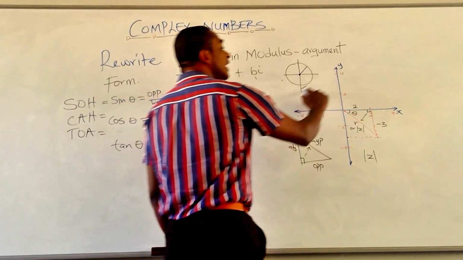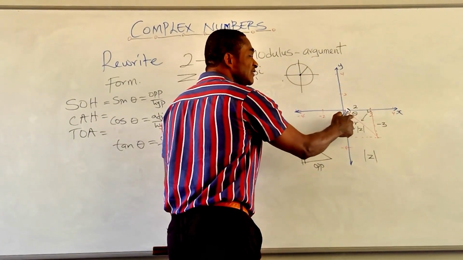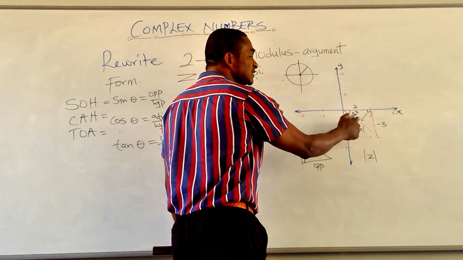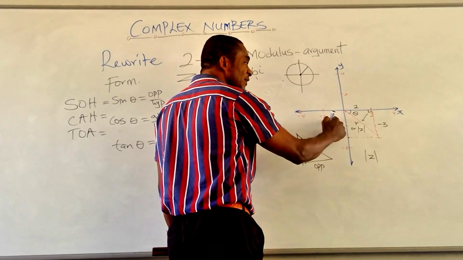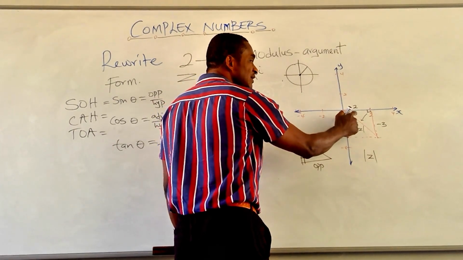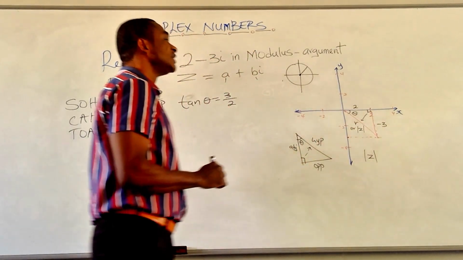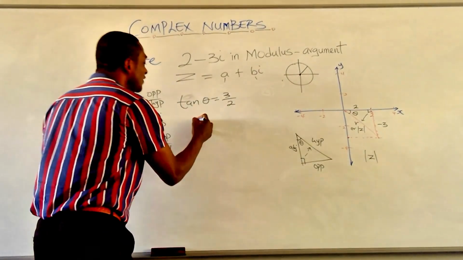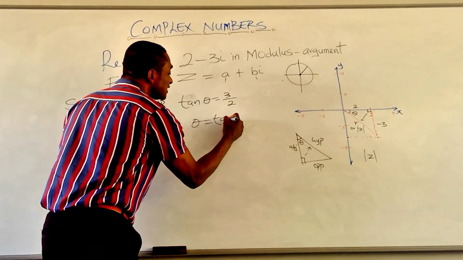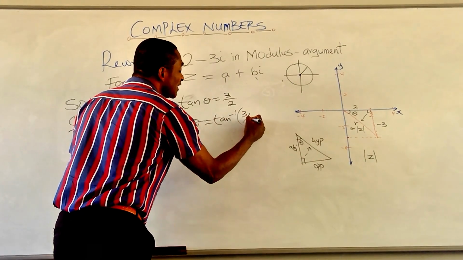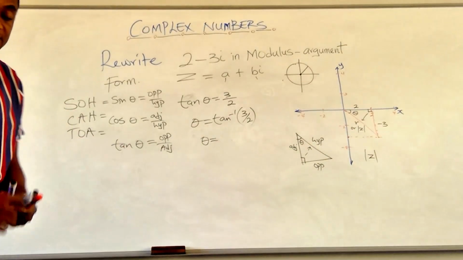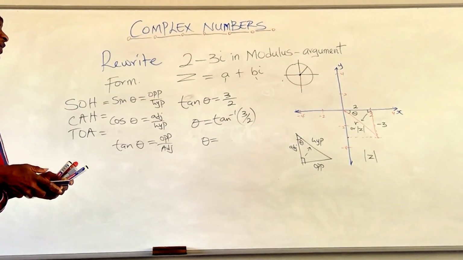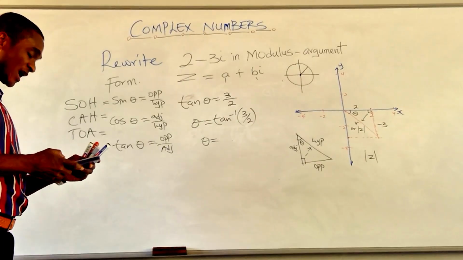So if this whole angle is 360, then theta here will be 360 minus that angle that is left. So we have theta as the inverse of tan of 3 over 2. 3 over 2 is 1.5.